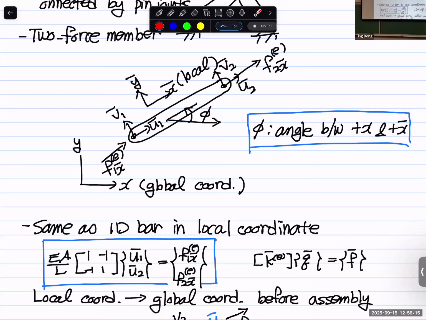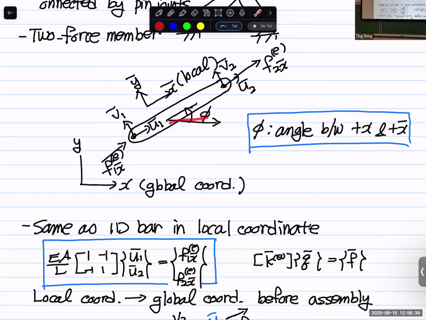Our derivation in class and in the textbook is based on the assumption that this angle is from the global x coordinate, which normally we define this way, to the local x coordinate. If we define this one as the first node and this one as the second node, this becomes the local x direction, and it's counterclockwise.